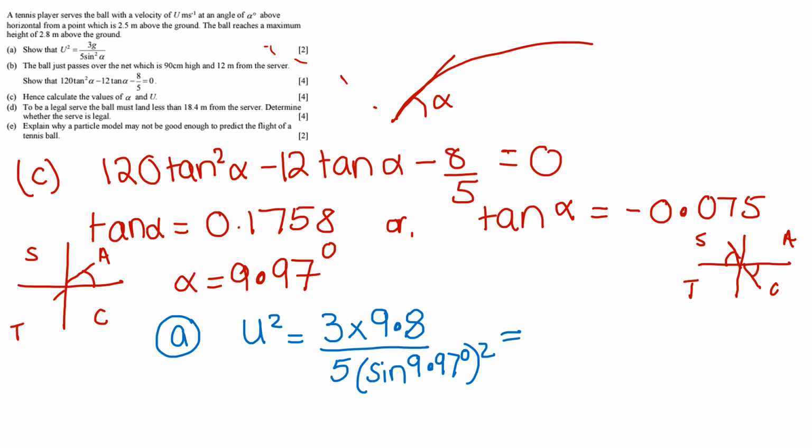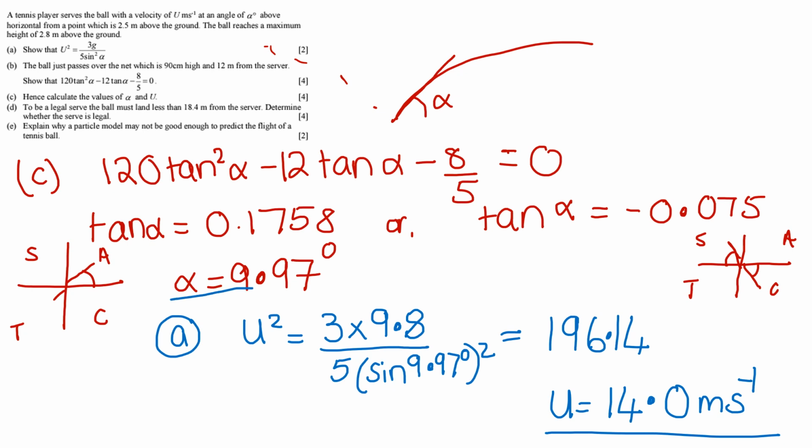That gives me, I think, 196.14. Oh, that's u squared. So u, square root that, and we get something like 14.0 meters per second. So we've got alpha and we've got u. Right, part D.